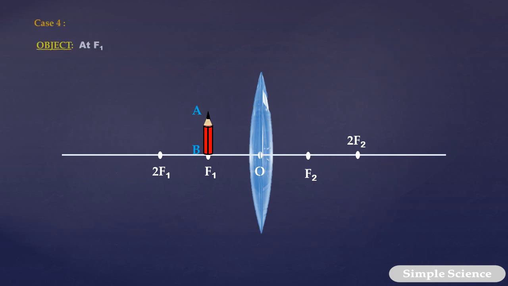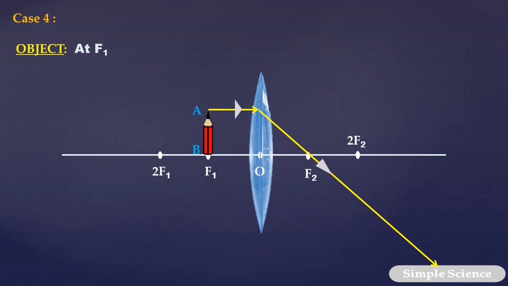Now next case is when the object is placed at focus. Now when the object is placed at focus, again we are going to use the same two rules. A ray of light parallel to the principal axis after refraction passes through focus, and a ray of light passing through the center goes undeviated. So now if you see these two refracted rays, they will not meet.